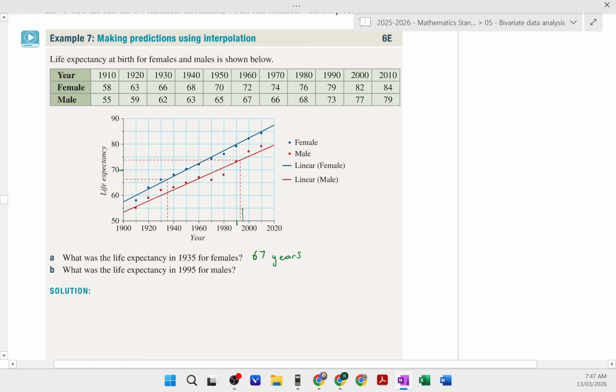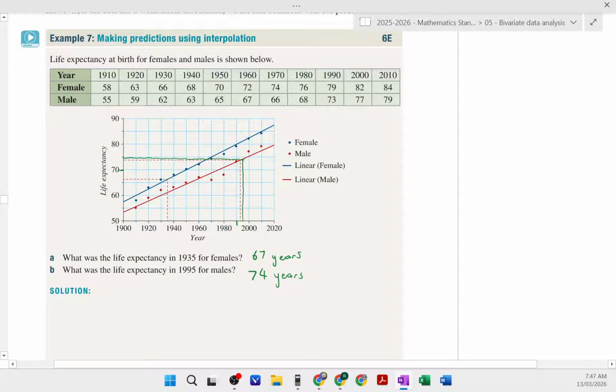Once again, it doesn't have to be perfect, but I'm going to go up to there and hit that point, and I'm going to come across, and mine's going to be a little bit above theirs, but not that that's going to matter. So I'm hitting up around the 74 to 75 mark. They actually wrote 74 years as well, so I'm going to go about 74 years.